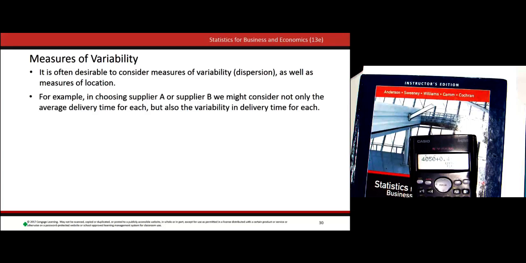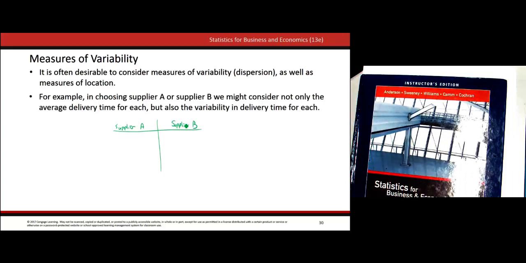Now, what is the purpose of the measures of variability? For example, we have two suppliers, supplier A and supplier B. These are the delivery times for supplier A and supplier B in terms of days.